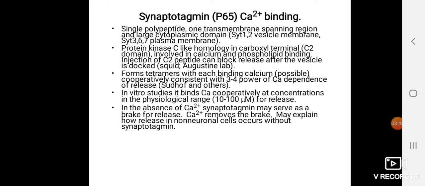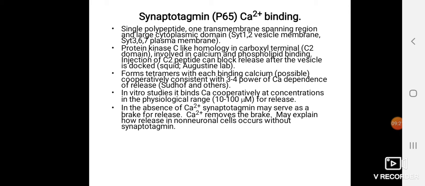There is a protein called synaptotagmin, which I was telling you about, which is present on the membrane. Synaptotagmin is a single polypeptide with one transmembrane spanning region, meaning only one helical domain within the membrane, and a large cytoplasmic domain, and with this large cytoplasmic domain it is going to interact with the syntaxin.